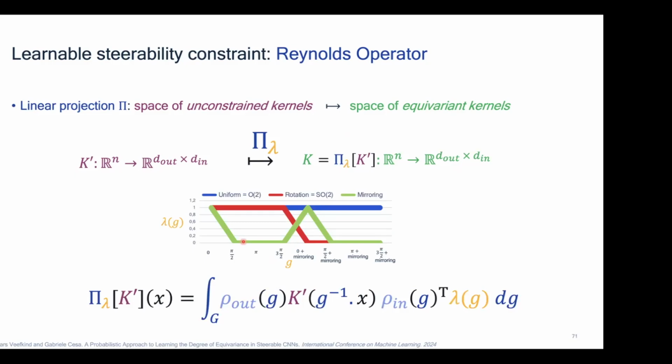If the probability function is uniform, we recover the previous projection operator, but then we can interpolate between different groups in this way. The next few slides are going to be about how we do this projection and how we solve this integral. But spoiler alert, it is yet again a Fourier transform.